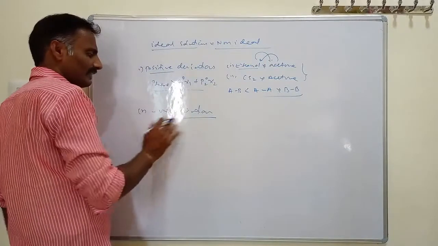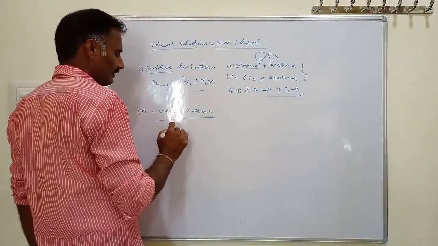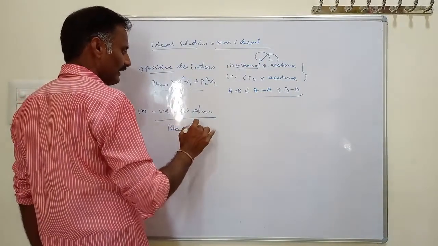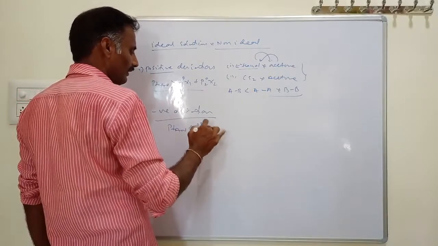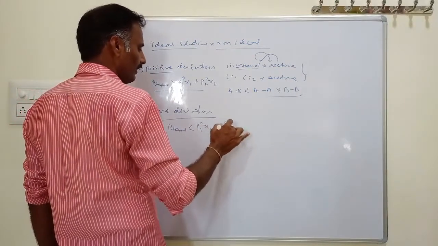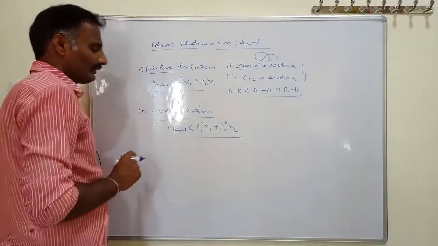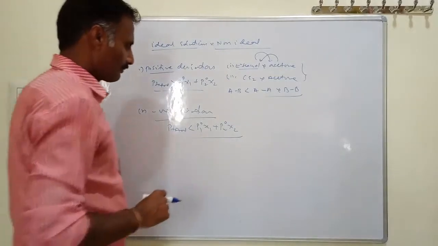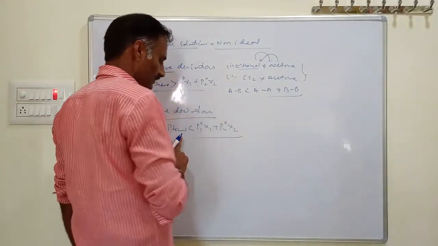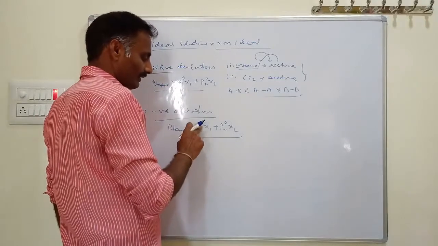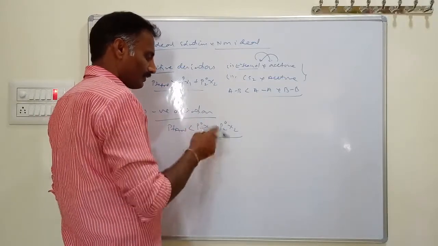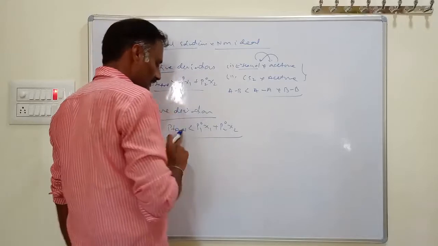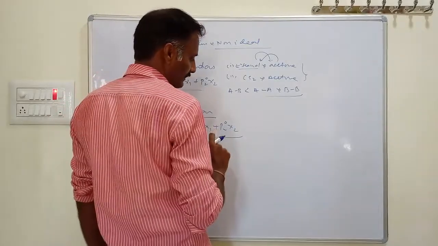Then what about negative deviations? In negative deviations, P total is less than P1 naught X1 plus P2 naught X2. The total vapor pressure of the solution is less when compared to Raoult's law. Why does it happen?